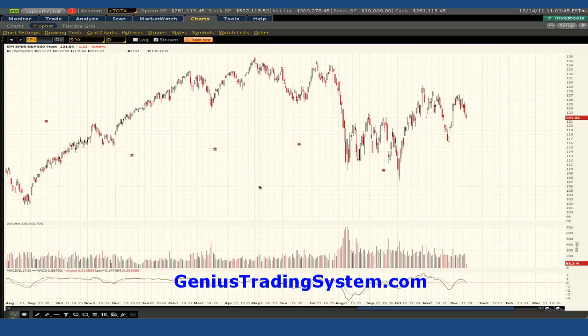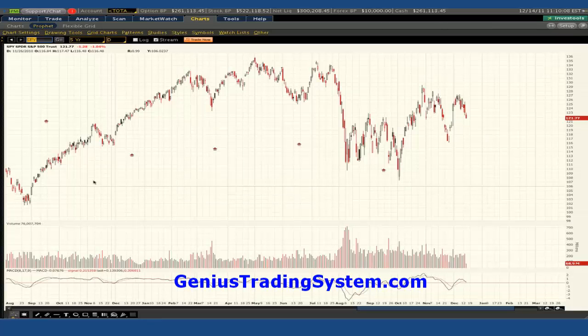It doesn't always work, but it's pretty good. I'd say 90% of the time it's going to give you a fairly accurate reading on the market's future potential to either go into rally mode or to go into declining mode. And that is the combination of price and volume.